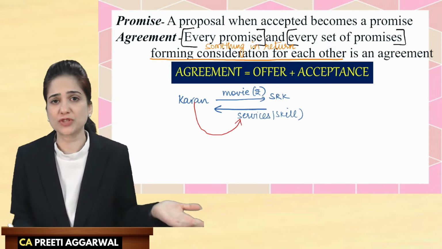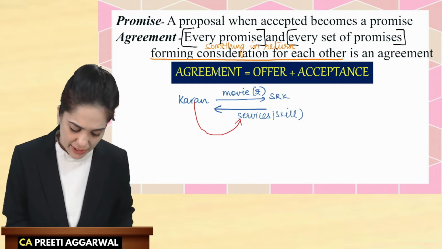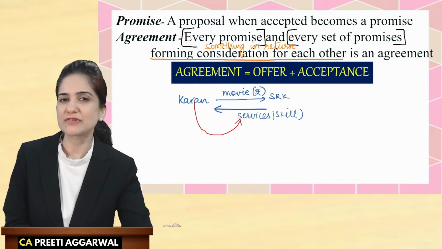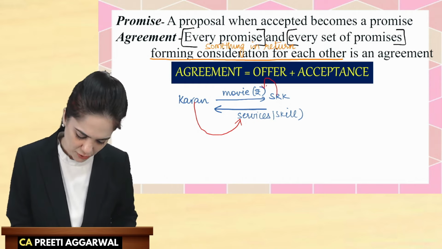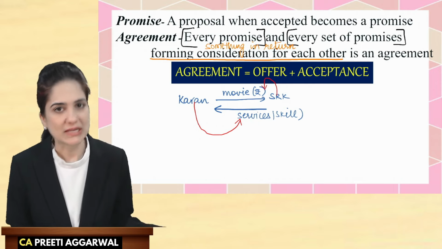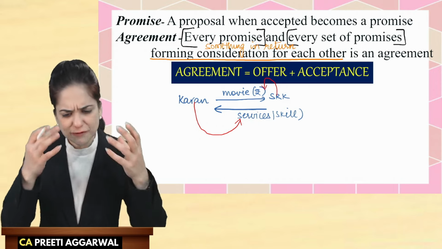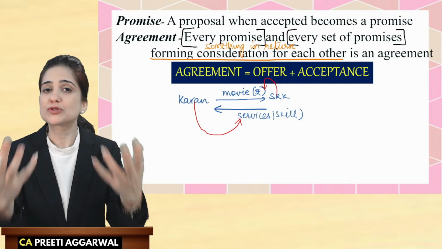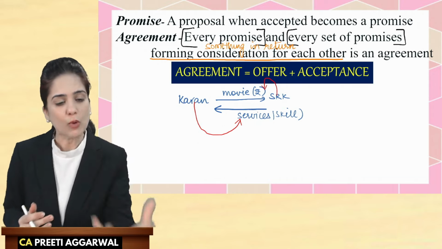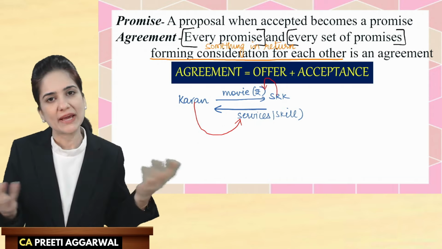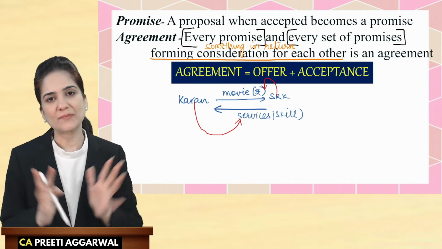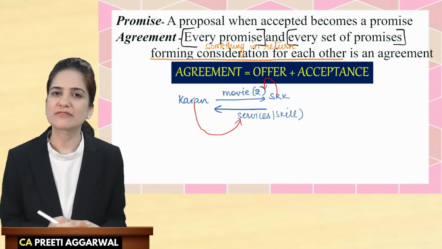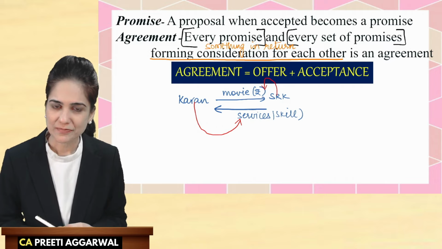Services of Shah Rukh is consideration for him. If Shah Rukh is giving his services, what is he getting in return? Money. So, for Shah Rukh, money is consideration. Yes. So, if you are giving something, you should also get something in return. Whatever you get in return is consideration. Both the parties must get something in return, only then it is a valid agreement.